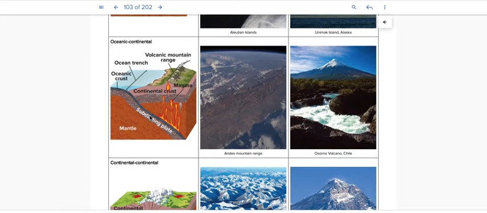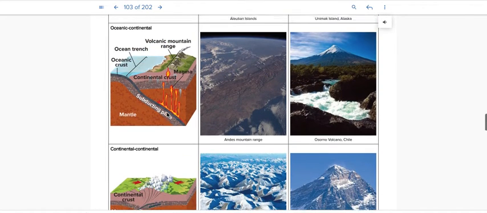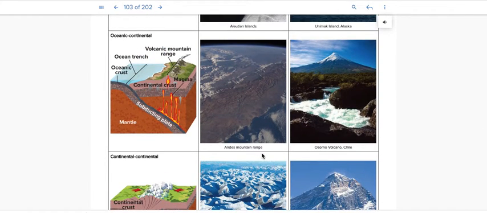It will subduct down underneath the continent, the actual land above the ocean, and as it does that, the magma will heat up and it'll often burst through and make some volcanic mountain ranges. And some examples of that are the Andes mountain range, and the Osorno, Chile area is a lot like this.